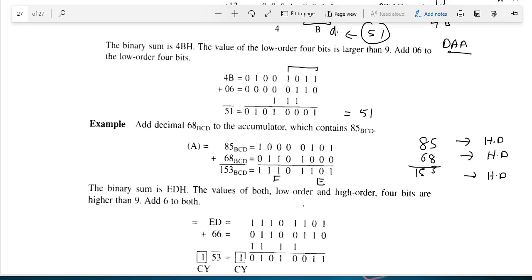I want this result, but I am getting this one. Here both digits are greater than 9.